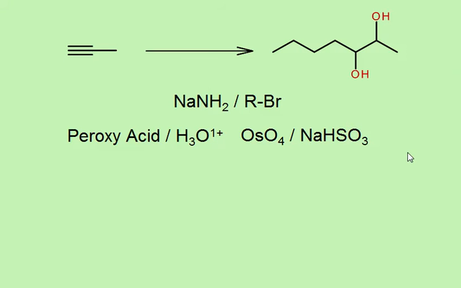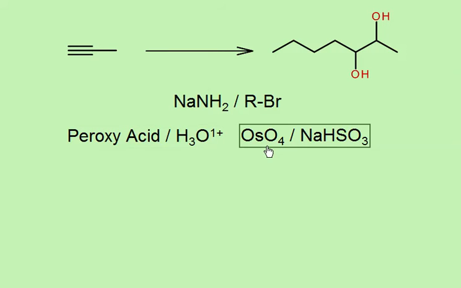We also need to produce these oxygens on adjacent carbons, and we know of two main methods for producing a dialcohol. We could go through reaction of the alkene with a peroxy acid in acidic conditions, making the epoxide initially with the peroxy acid, and then using acid conditions to protonate and open up to the dialcohol with the help of some water.